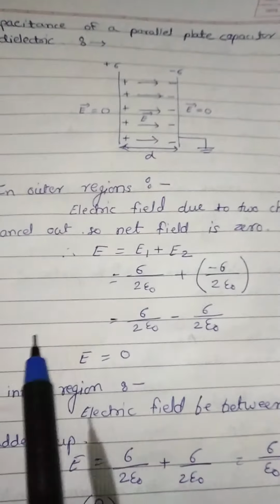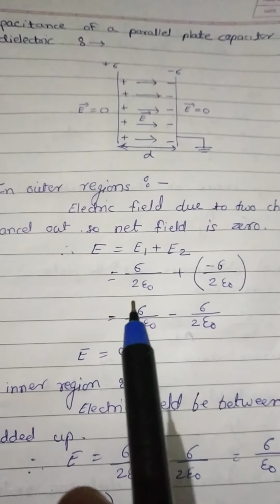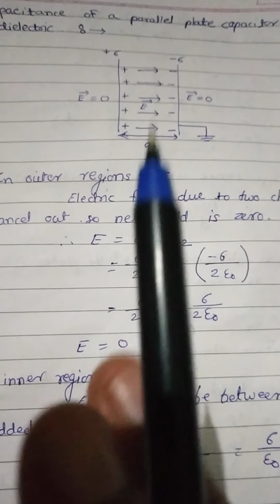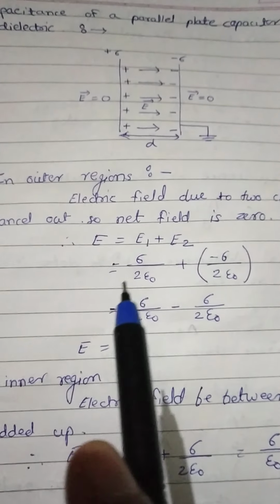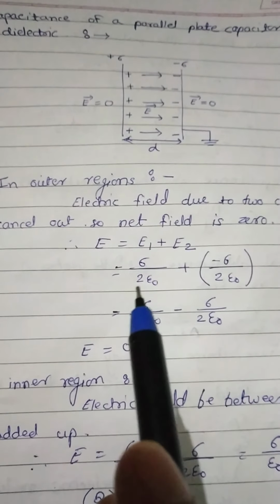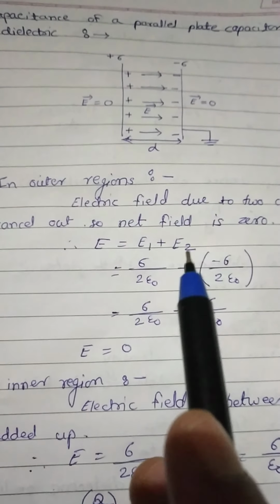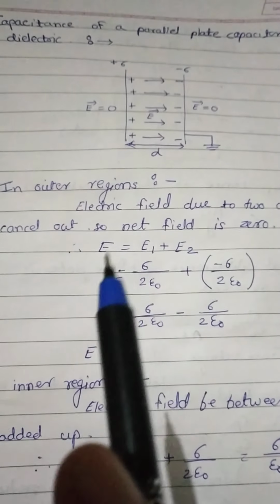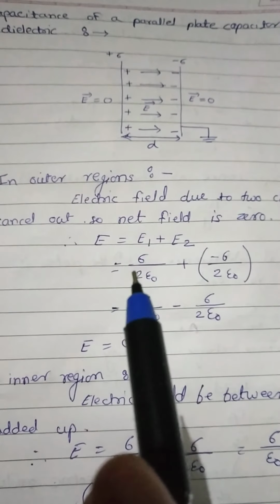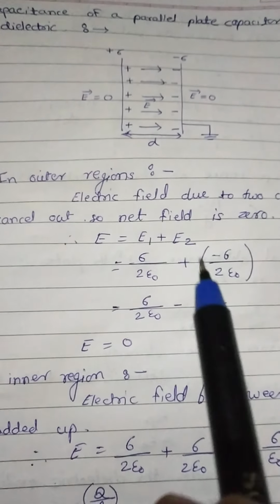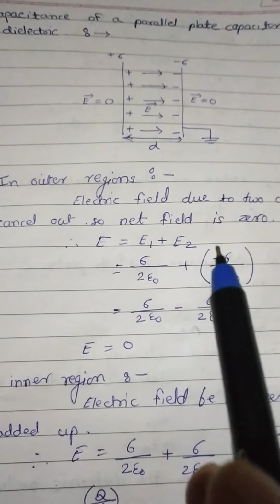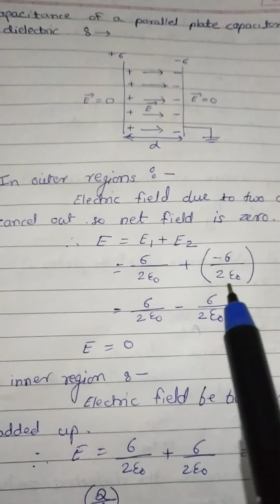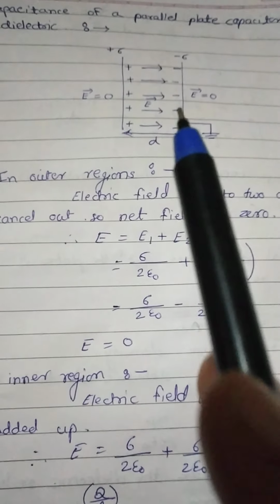E1 is equal to sigma upon 2 epsilon naught. We already found the electric field of a plate in the last video. Plus E2, for the negative charge: the magnitude of E2 is minus sigma upon 2 epsilon naught because the charge is minus.